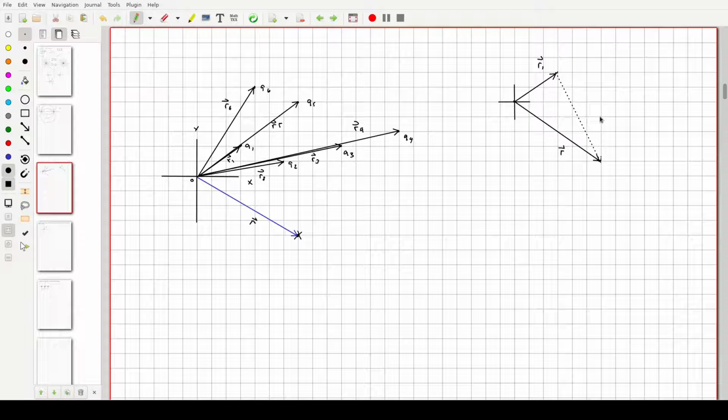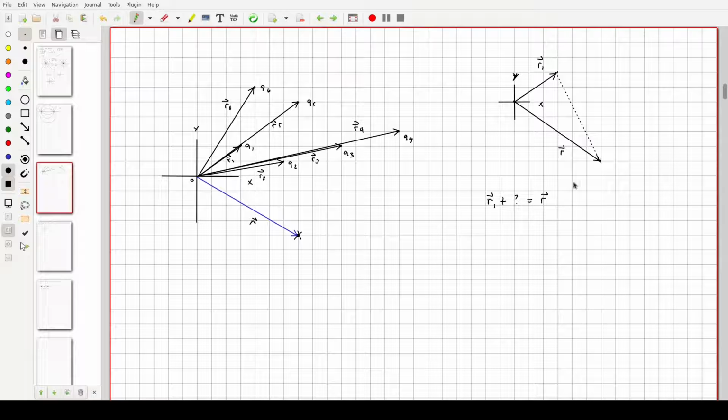Now, in terms of vectors, if you were to think of adding things together, this is R1, this is some unknown vector, and this vector plus this vector is going to equal this vector. So R1 plus some vector I'm going to call question mark is equal to R, just through simple graphical vector addition.